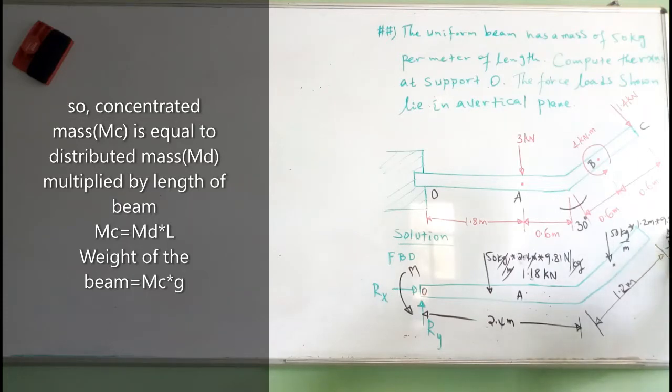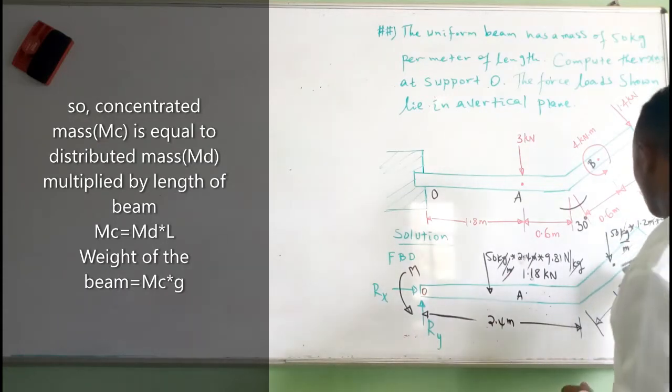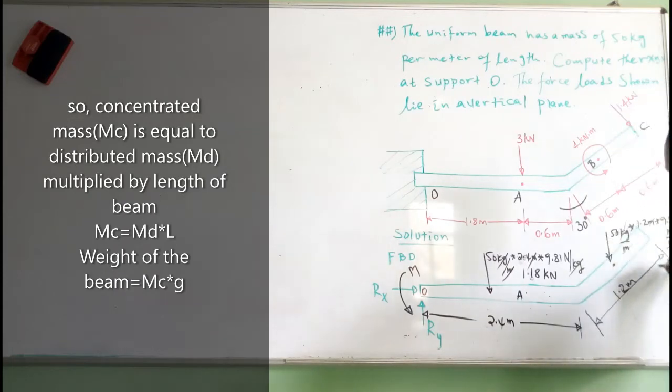In this, kilogram cancels, meter by meter cancels, we have only Newton remaining. So the answer becomes 0.59 kilonewton.